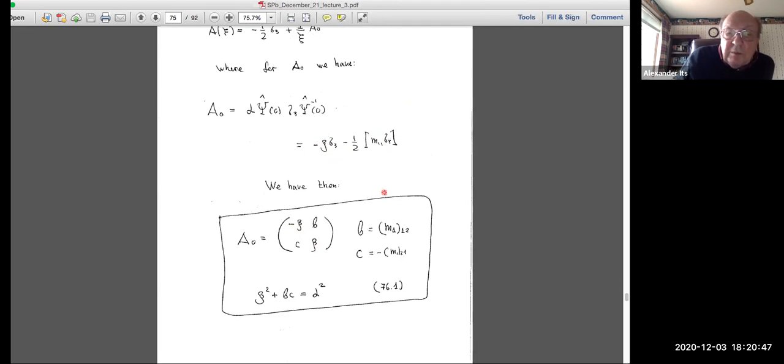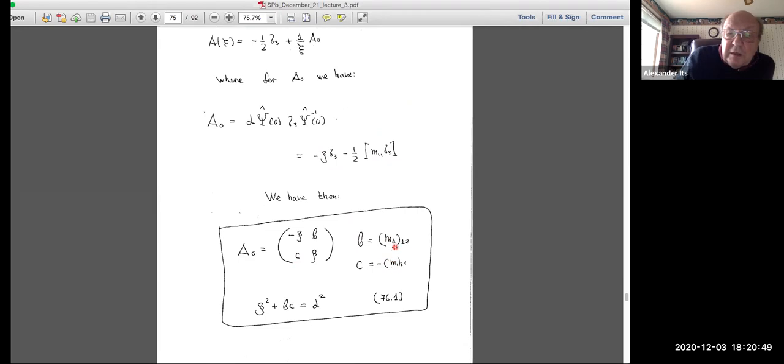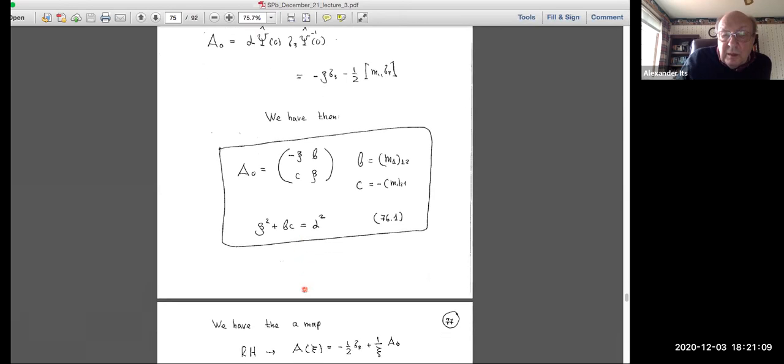And the off diagonal part is the off diagonal element of M1. Or also, there is a relation, and P and C are not totally independent, because from here I see that the determinant of A naught is minus alpha squared. So this is a condition.